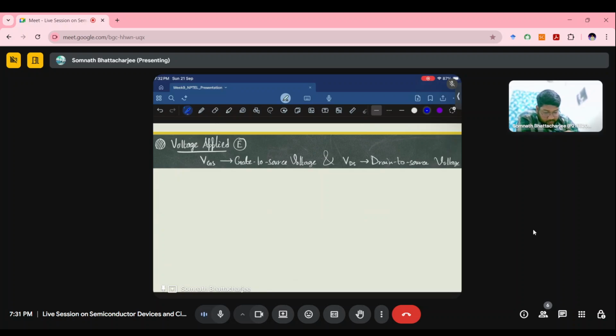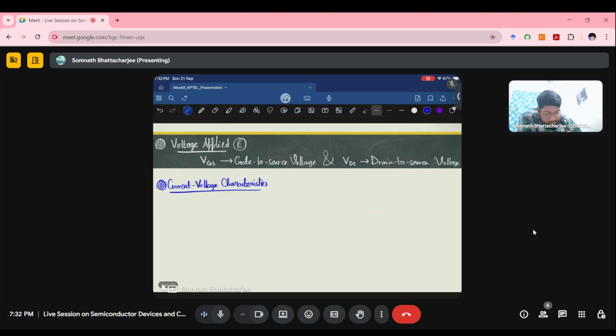Now, if we are moving towards the current voltage characteristic of these devices, this is very similar to the MOSCAP characteristics and everything.